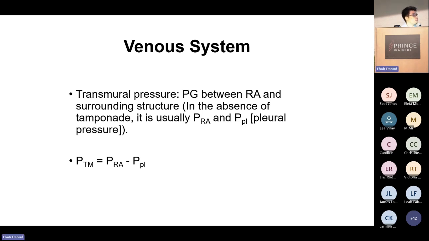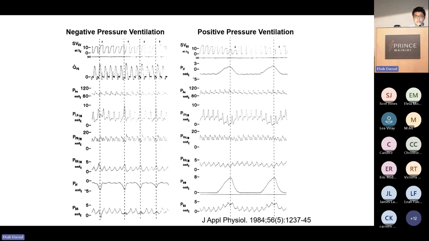But in normal people, most of the time, transmural pressure is basically between the pressure of the right atrium and pleural pressure. So here, this study was done by Dr. Pinsky back in 1984. So the left side is negative pressure ventilation. The right side is positive pressure ventilation.